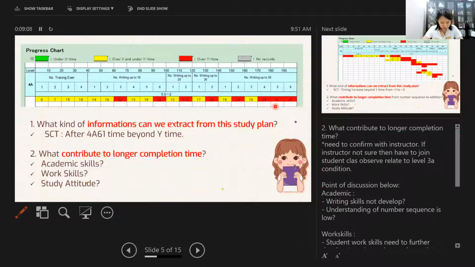Wait, let me see. I cannot let you know what is the exact improvement, but overall, my perception of my image is he has improved, I mean, the speed at the end of the 4A.